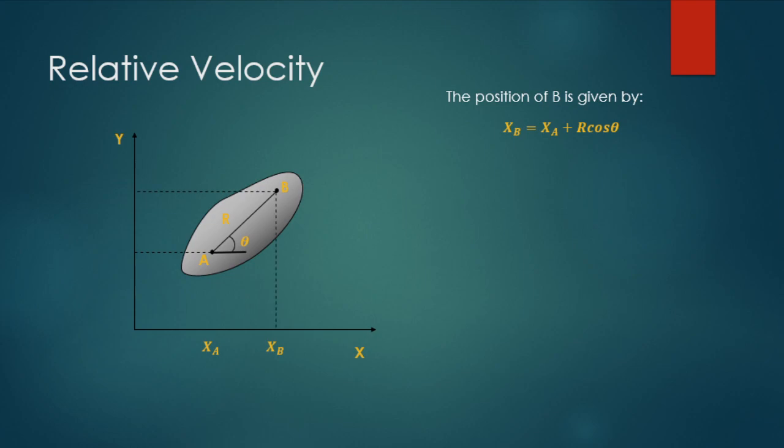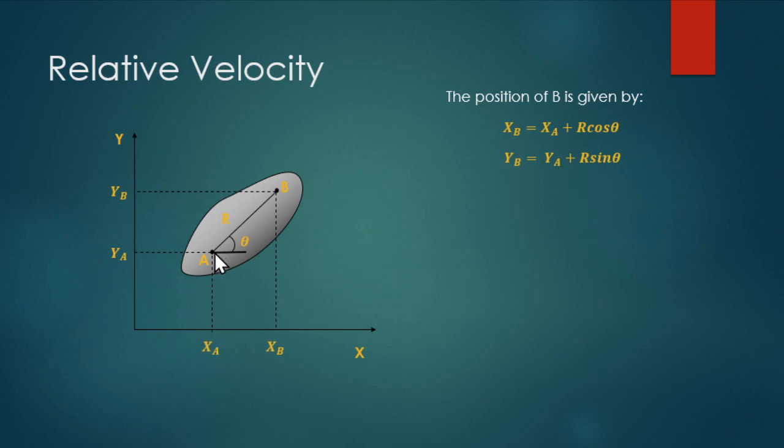And also we can get the distance from the x-axis to point B. We call it Y sub B. So Y sub B is equal to the position of point A, which we call from the x-axis to point A, Y sub A. So Y sub B is equal to Y sub A plus R sine theta.